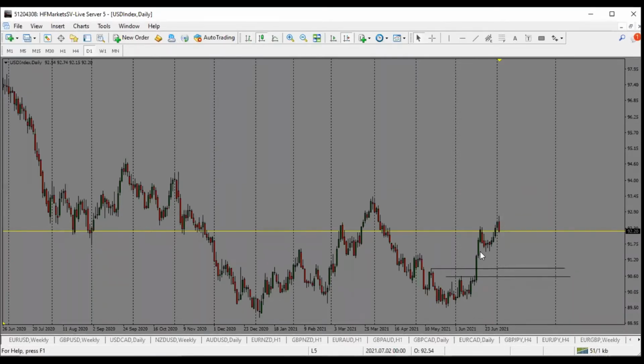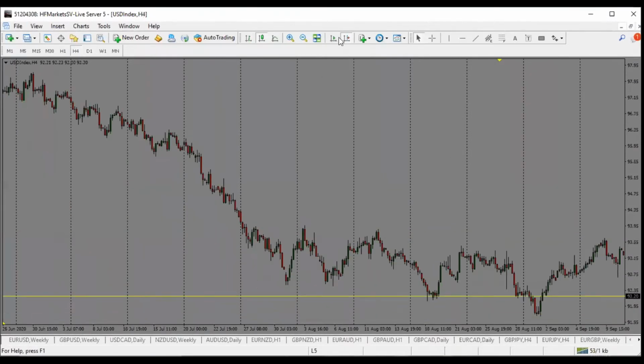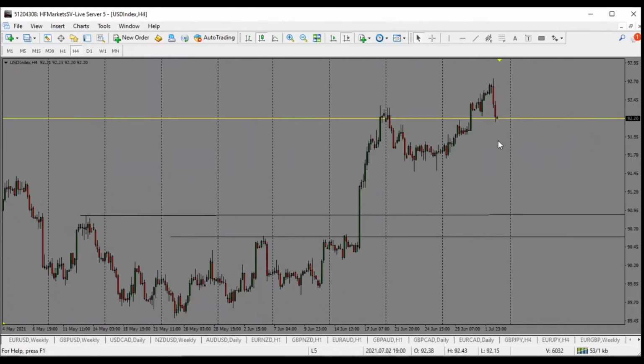But for now, this is what we are doing. If I go back to the 4-hour, we see that on the 4-hour, we closed below this particular candle, which is very good. We'll be expecting just a little retracement if we have it. Then we'll be looking at continuing this movement in order to close the liquidity below this low here.